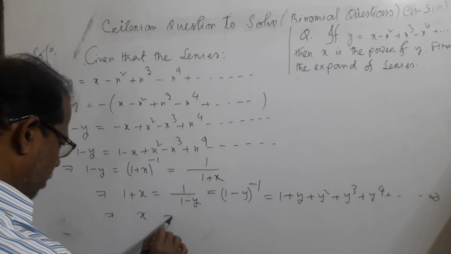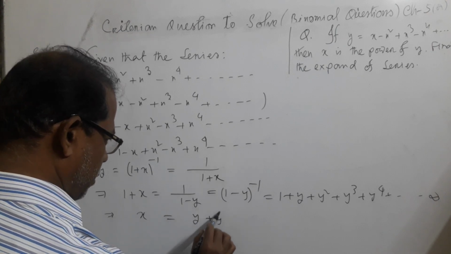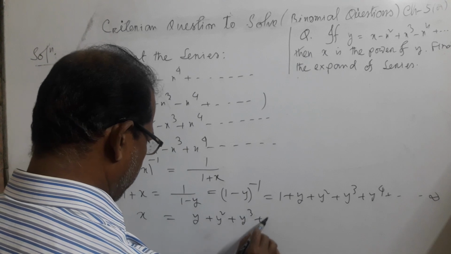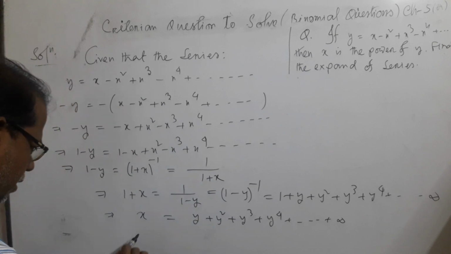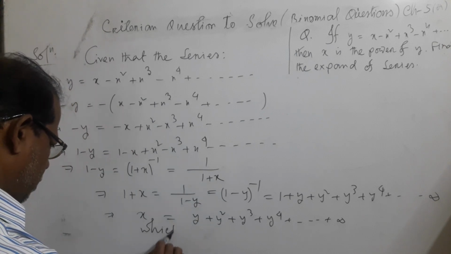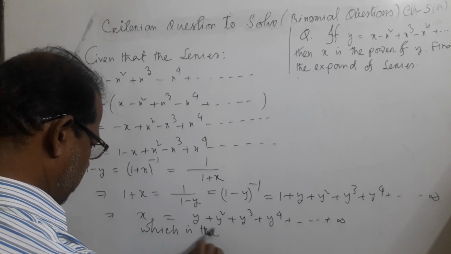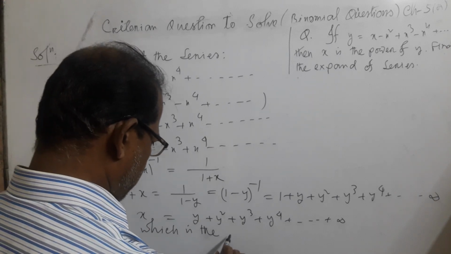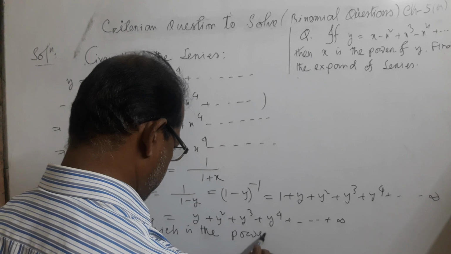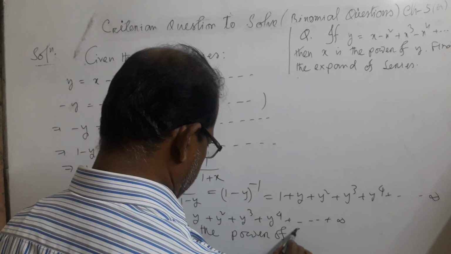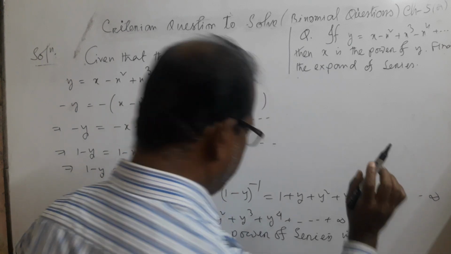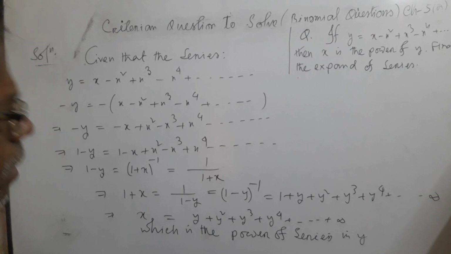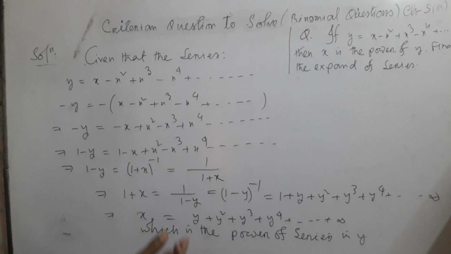So x equal to y plus y square plus y cube plus y to the power 4 plus up to infinity. This is the power series in y. It is the expansion of the series. So it is an easy process.